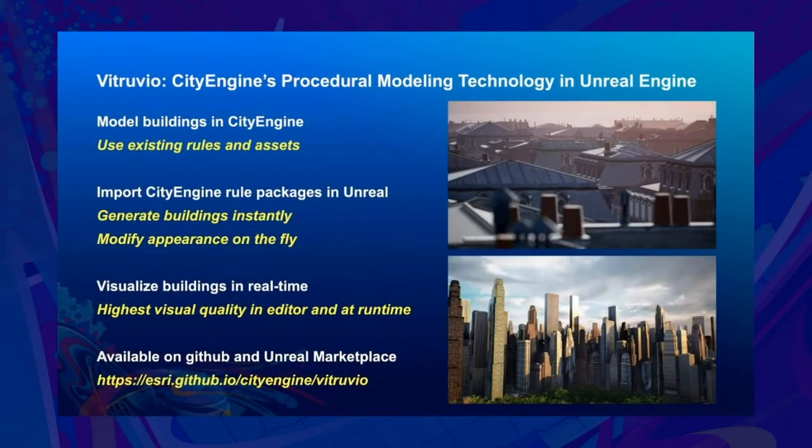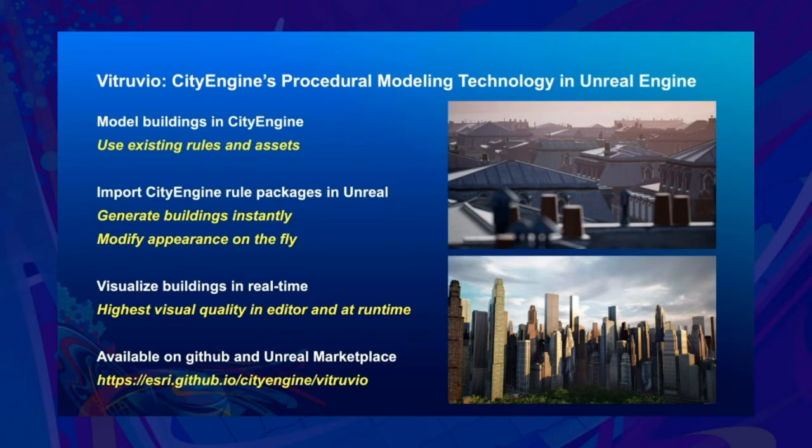We also have a specialty here, so you might ask, well, why can we not bring CityEngine's procedural modeling technology into your game engine? And yes, you can, at least for Unreal Engine. We have an Unreal Engine plugin called Vitruvio, which allows you to model your buildings in CityEngine, so you can use your existing rules and assets.